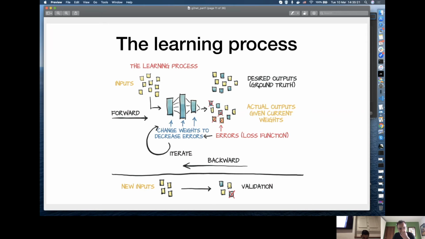And the learning process, zooming in a little bit closer: you have inputs on this side. Inputs are coming from your so-called training data set. You have a bunch of desired outputs. This doesn't happen all the time.